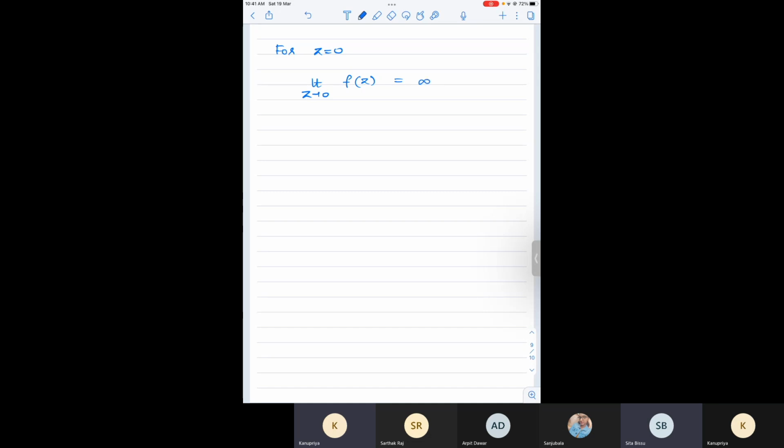Yes, ma'am. So what can be the nature of this point z equal to 0? Pole. z equal to 0 is a pole. Now we have to calculate the order of the pole.